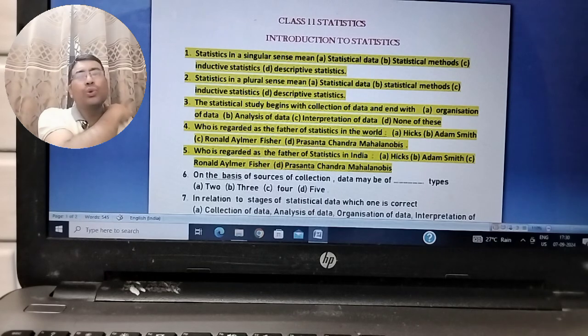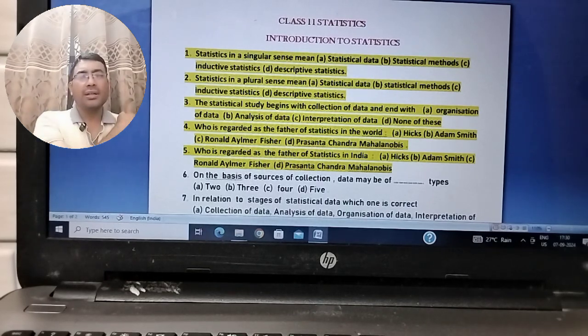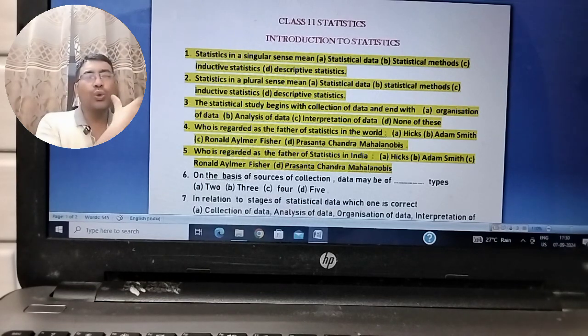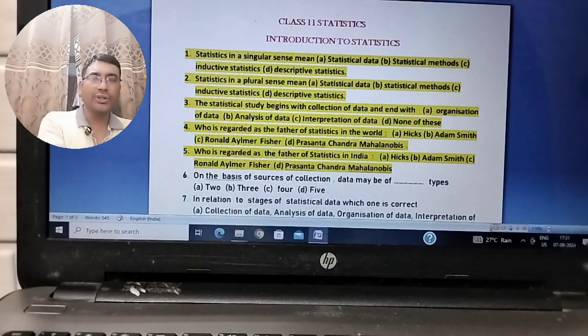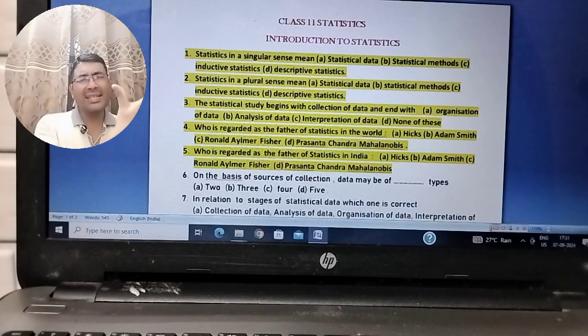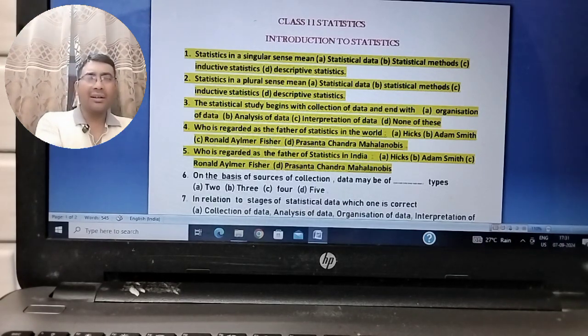Data may be of two types: one is primary data and the other is secondary data. Primary data are those data which are collected from the source, that is, collected for the first time by the individuals under investigation. And secondary data are those data which are used from a source already collected by somebody. Data may also be qualitative or quantitative.